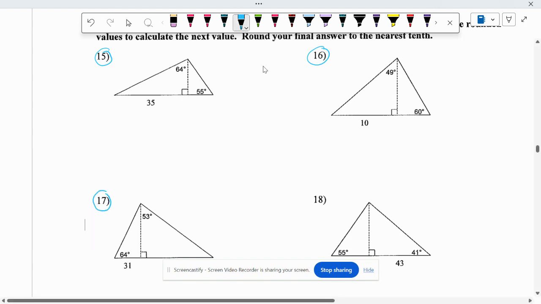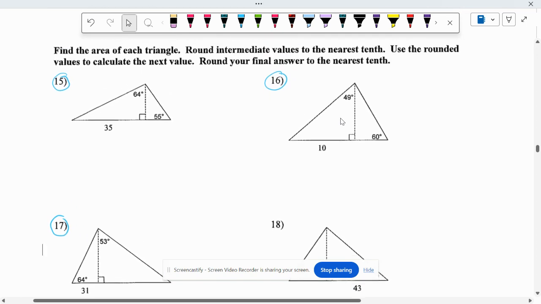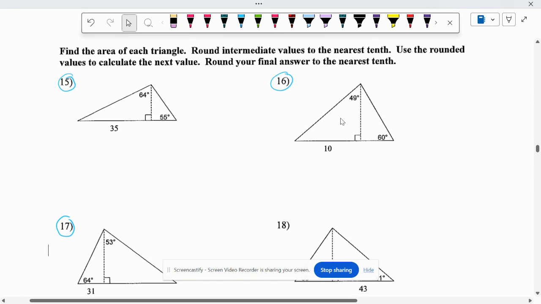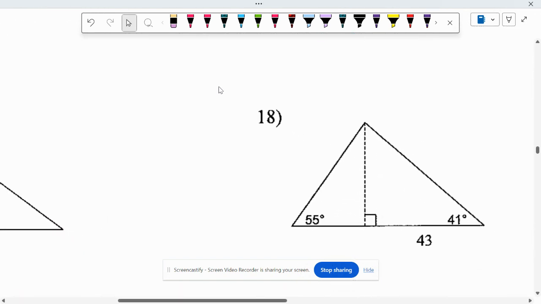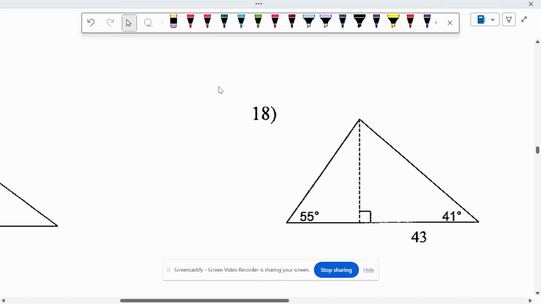I am going to do number 18 with you because I want to make sure you understand what's happening. So you're asked to find the area of each triangle, rounding your intermediate answers to the nearest tenth and your final answer to the nearest tenth. I want you to see that you have 2 right triangles.